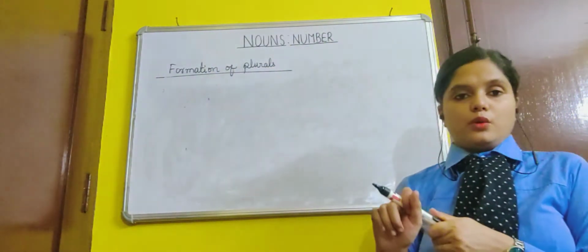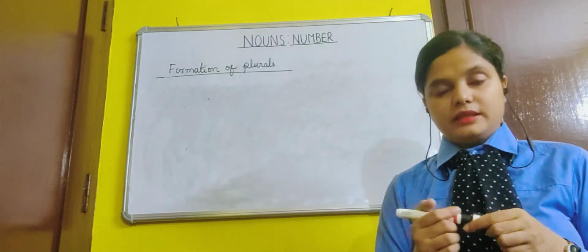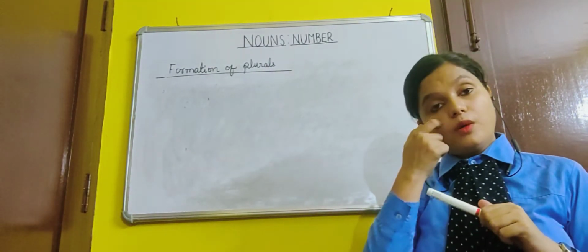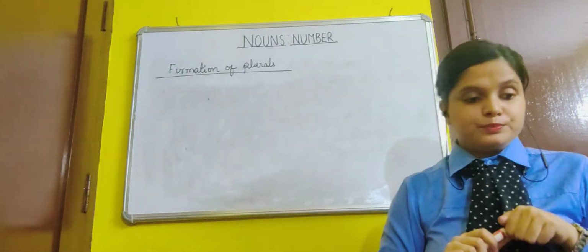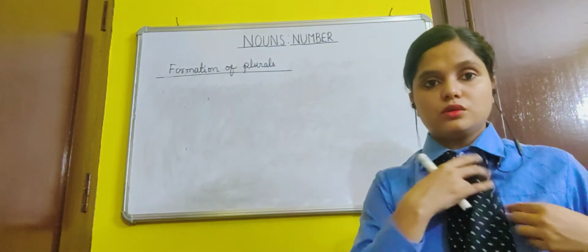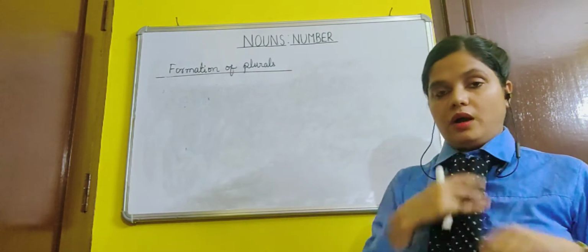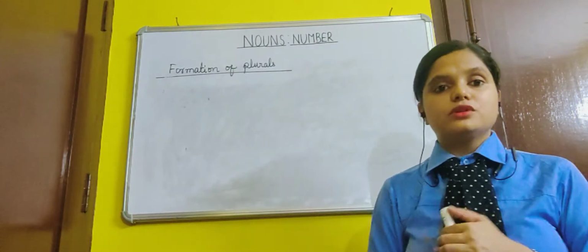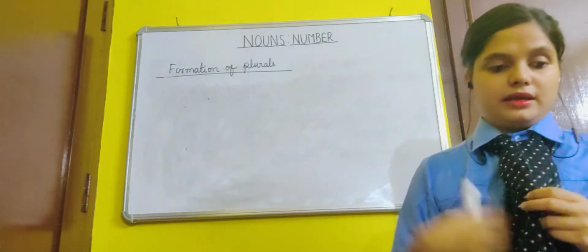Okay, now how we will make the plural number or plural form of a compound noun? Compound nouns are basically those nouns which are made by adding a preposition or by adding another noun in it.